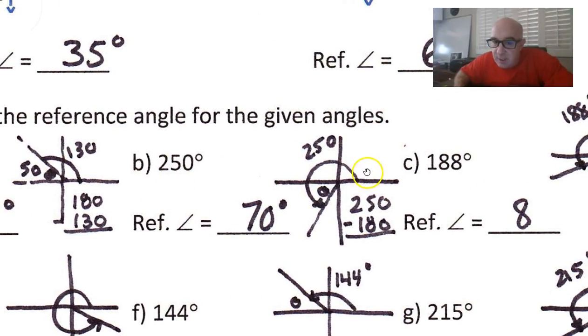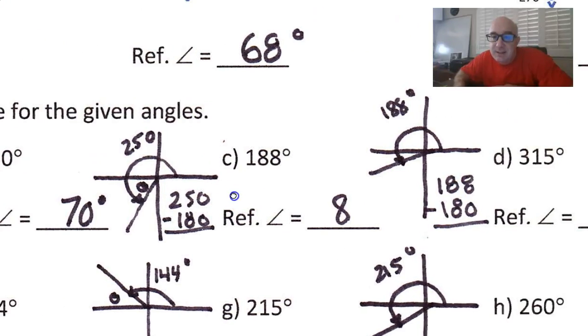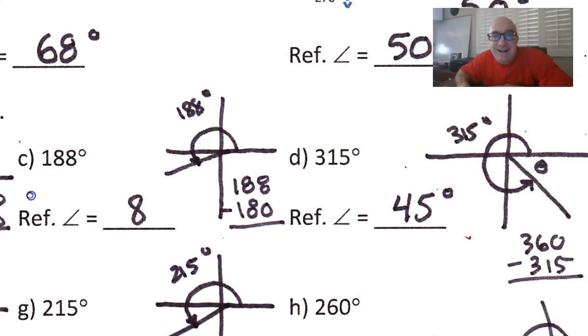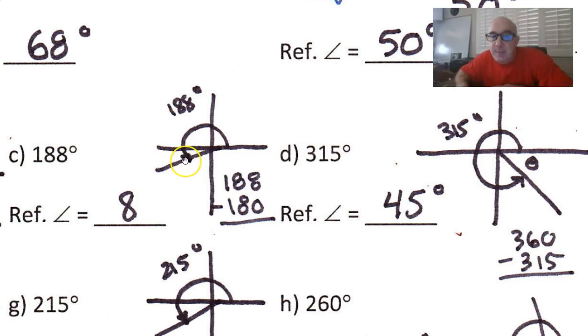At 250, we've gone past the 180 here, and so we have gone 70 past the 180. That's the reference angle, always formed between the terminal arm and the x-axis. Here at 188, we went 8 past, so 8 is our angle. Here at 315, we are 45 shy of this.